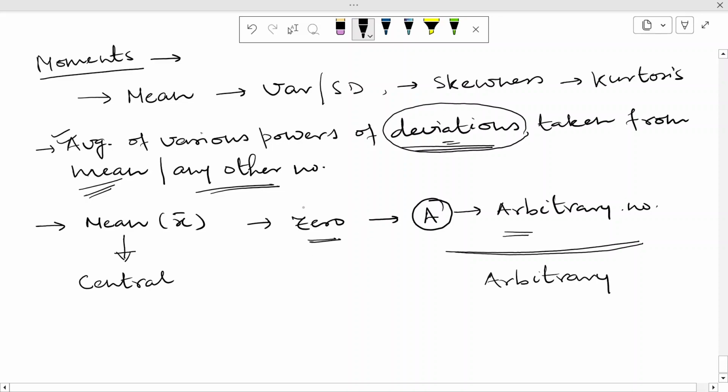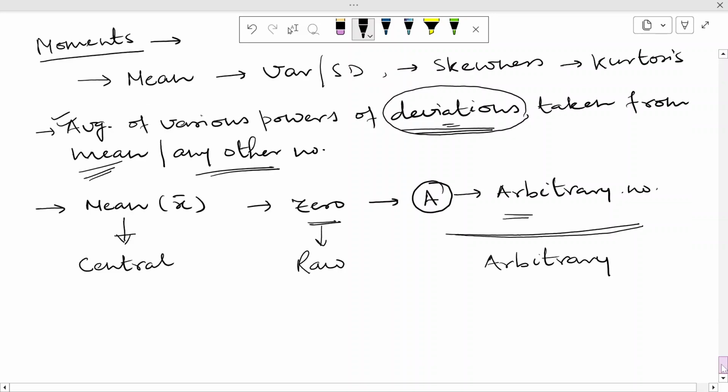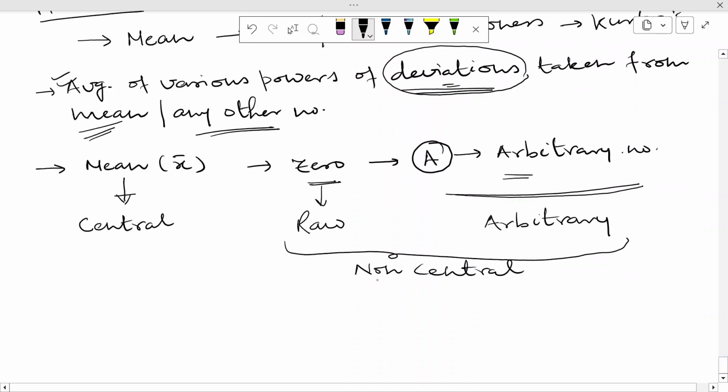And when you are calculating the moments about 0, this is known as the raw moments. You can combinedly call these moments non-central moments, because these moments are not about the exact mean.